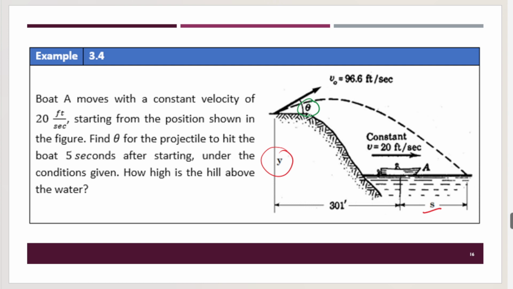Parang may magbabato daw, no, na kung ano man at tatamaan yung bangka, no? Kung ano man yung ibabato doon at given yung velocity na to na 96.6 feet per second. So, hindi ko alam kung ano yon. Baka may nakalimutan tapos ibabato sa ganyang kabilis na velocity yung nakalimutan na gamit at mukhang tatamaan niya yung bangka.